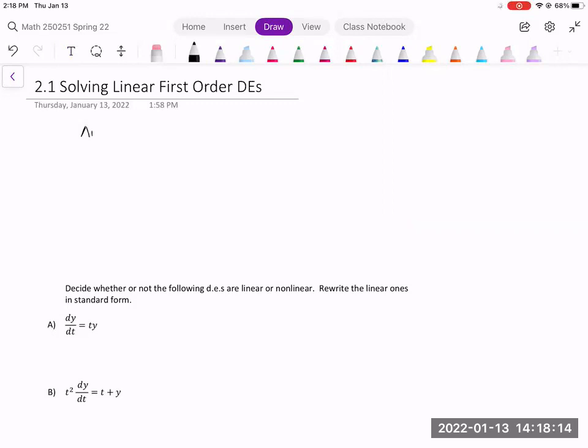So any differential equation that can be rewritten in the form dy/dt plus some function of t times y equals some function of t is going to be linear.